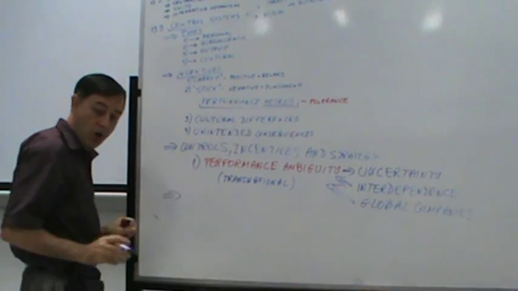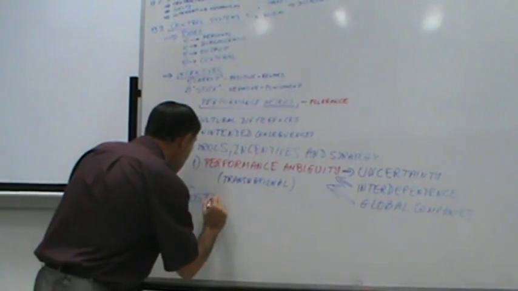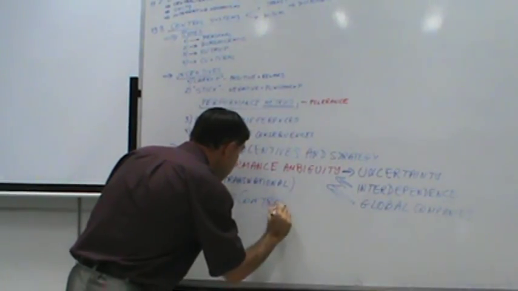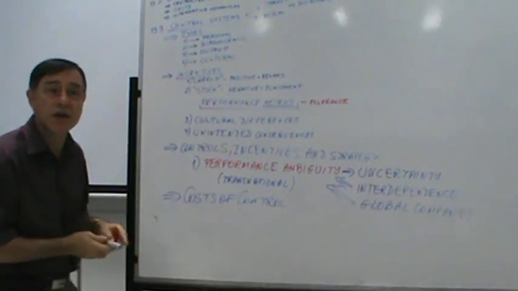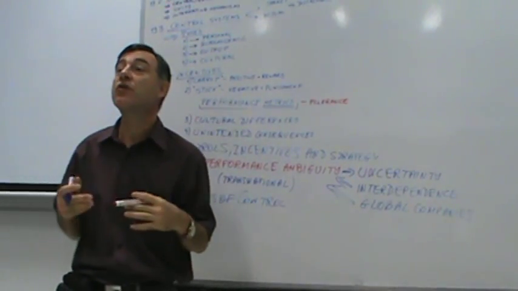All right, the next little subsection is that controls have costs, as in costs of control. In other words, to have a control system is not free.